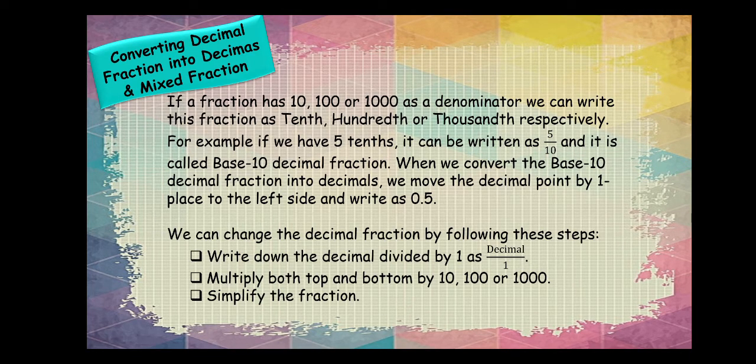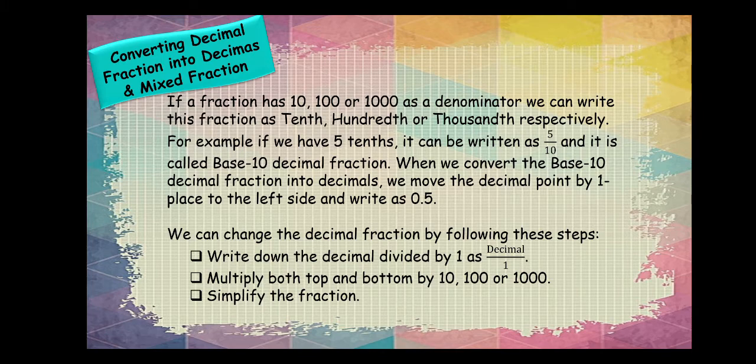And we can change the decimal into a fraction by following these steps, as we had learned in the previous lecture also. We have 3 steps. First, write the decimal divided by 1. Then multiply both numerator and denominator by 10, 100 or 1000, depending on the decimal number.